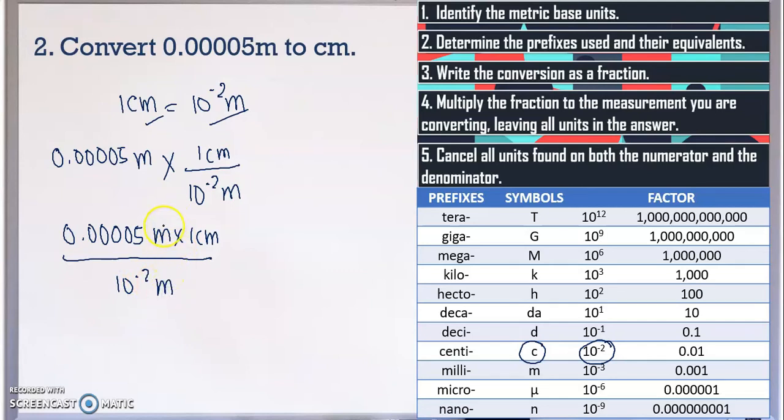Cancel out the unit meter, and this will be equivalent to 0.00005 centimeter divided by 10 raised to negative 2.